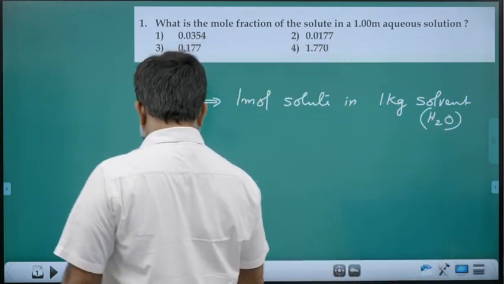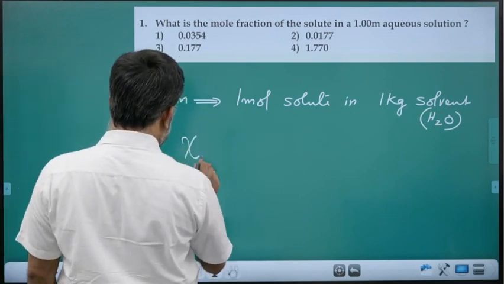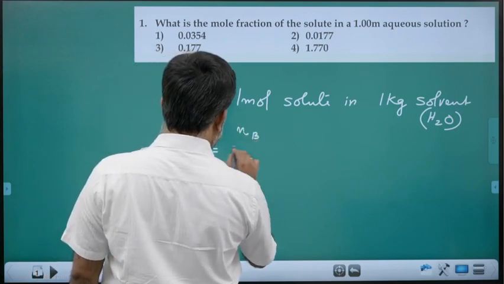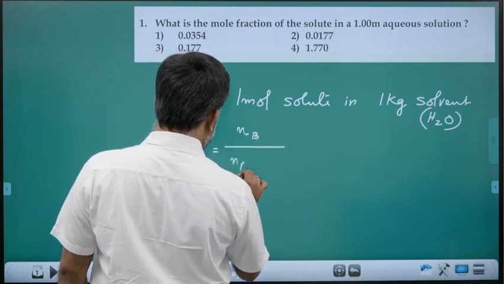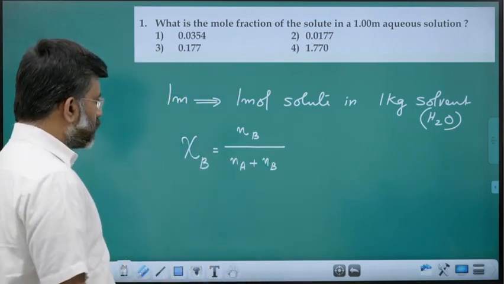And we want to know the mole fraction. When we take mole fraction of solute is equal to number of moles of solute by number of moles of solvent plus number of moles of solute.